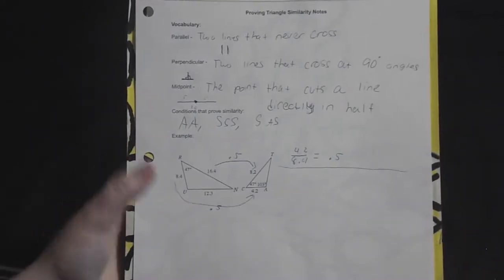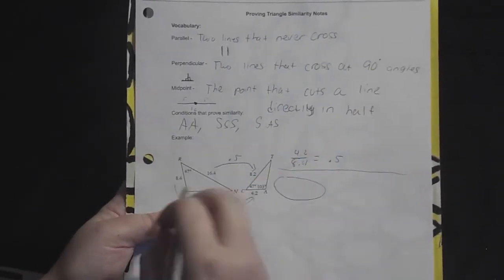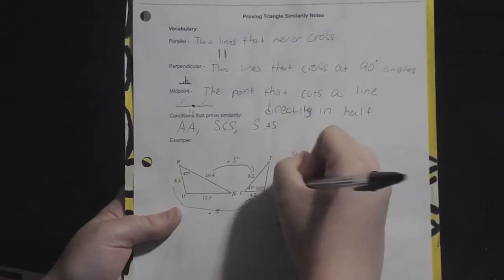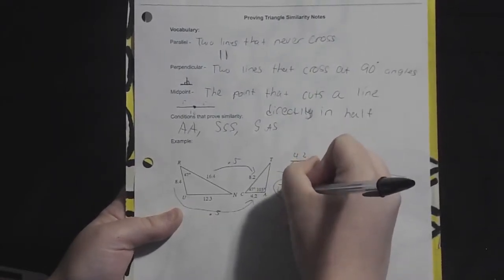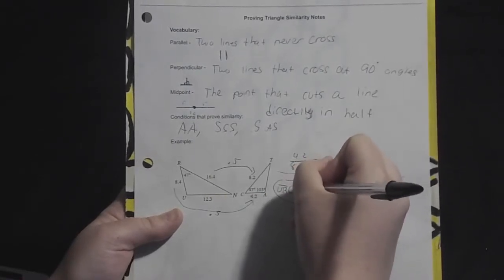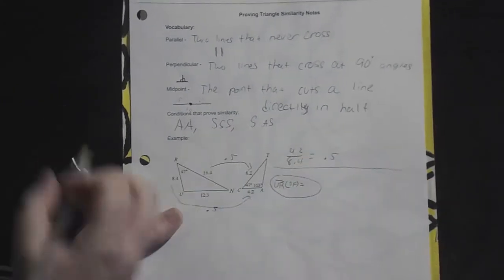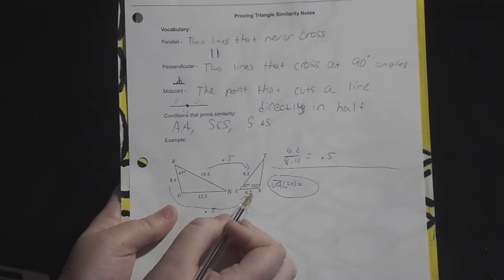Okay. So first I'm going to start with the side. So I can say side UR times the scale factor equals, so side UR times our scale factor equaled over here.